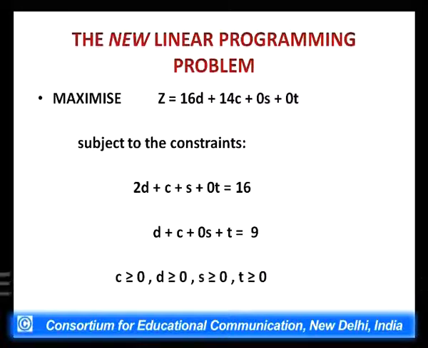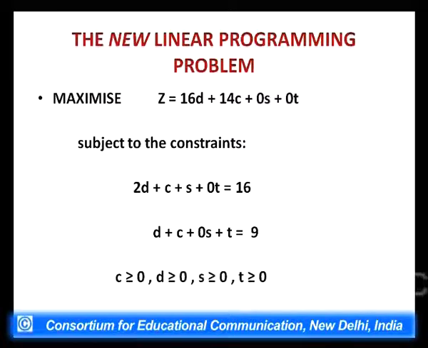And similarly the second constraint, in that constraint d and c of course were there, but s was missing, so a 0 coefficient has been added for the slack variable s and plus t, and a unit coefficient is added here for t. So this equation now is d plus c plus 0s plus t is equal to 9, and then of course our non-negativity constraints, c and d, which we already studied, are greater than or equal to 0, and we have mentioned right now that s and t slack variables are greater than or equal to 0. So this is a new formulation.